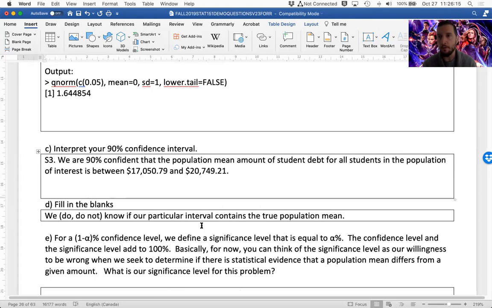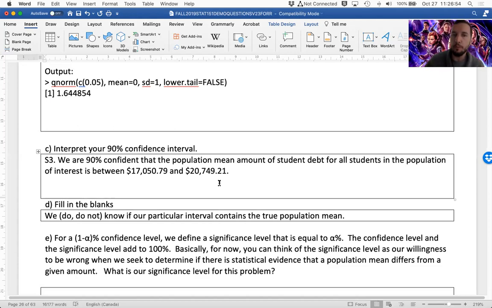If we were to sample a high number of times from the same population, say we collected 100 samples and constructed a 90% confidence interval for each sample, we would expect that 90 of those 100 intervals will contain the true mean. But we do not actually know which intervals contain the mean and which ones do not. We would just expect that 90% of them do.